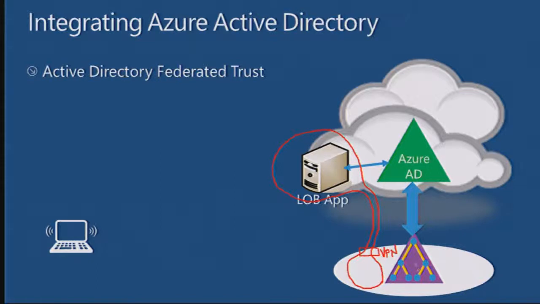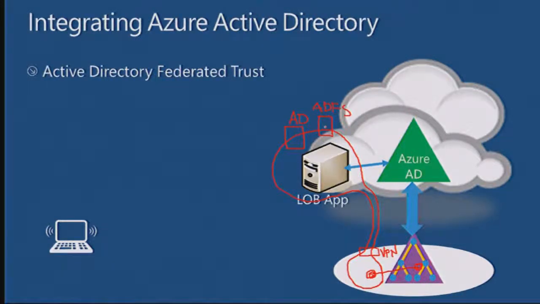Now, that means that this directory is connected through the VPN to some infrastructure that I have here. So let's put an Active Directory domain controller here, and an Active Directory domain controller here. And one of the other things I could put here is an Active Directory Federation Services machine.